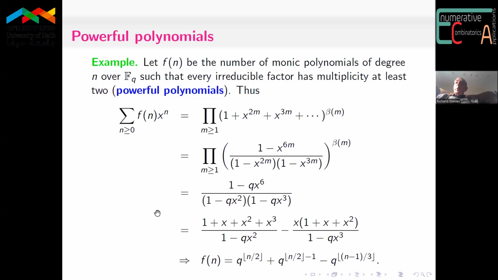Now we can do more. We can easily extract the coefficient of x to the n in f of n by expanding in partial fractions with respect to q. We get this partial fraction expansion, and we can multiply it out, and because of this x squared and x cubed in the denominator, we're going to get an expression for f of n that depends on n mod 6.